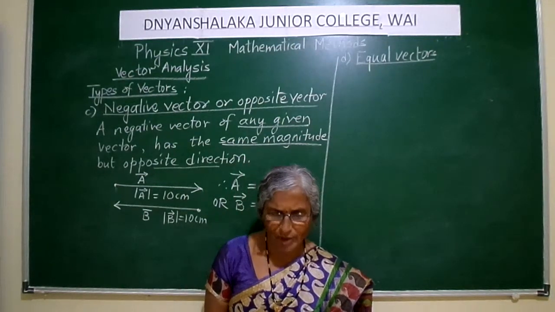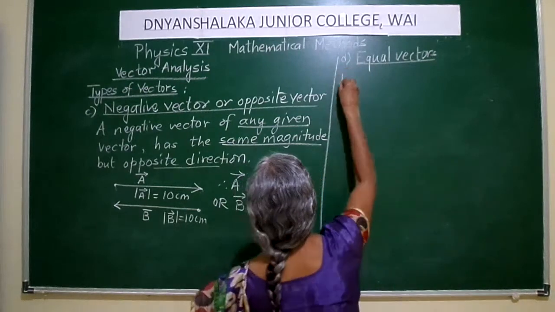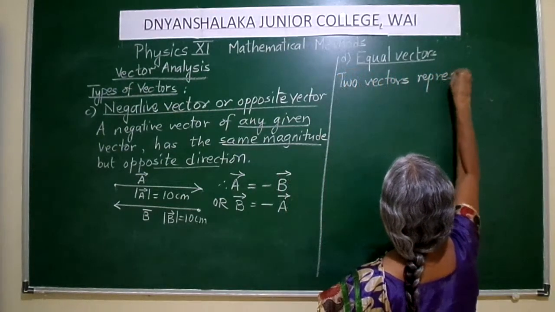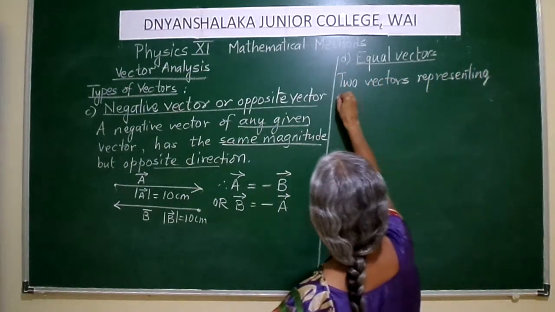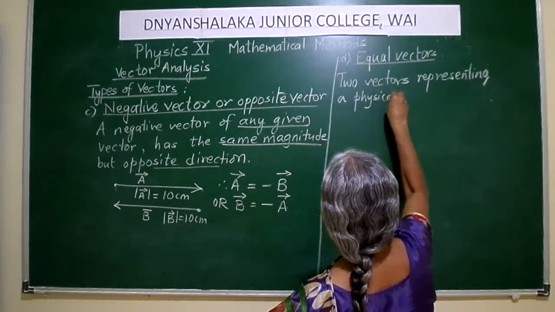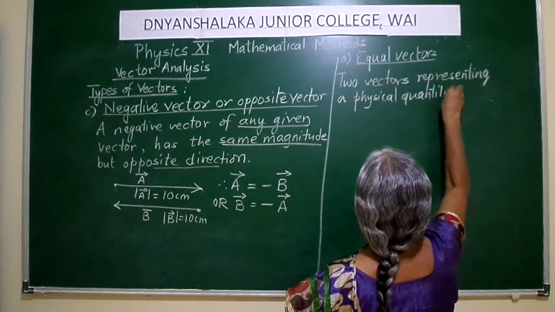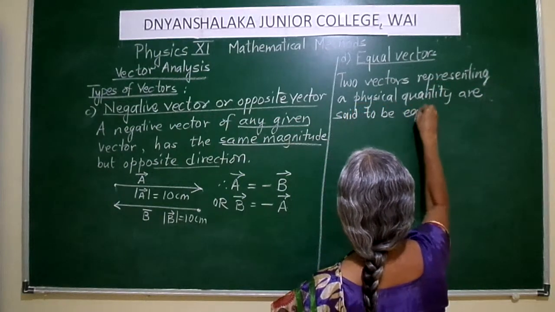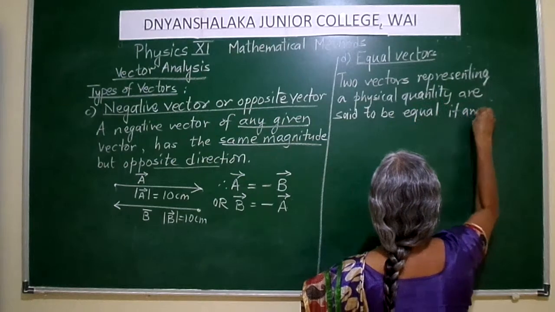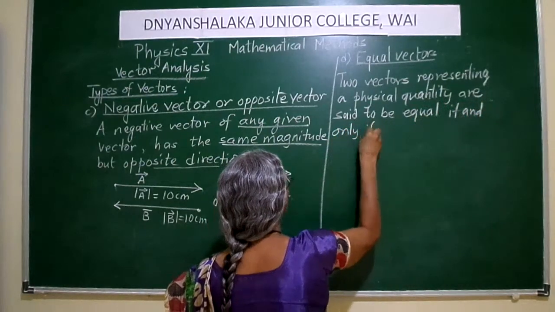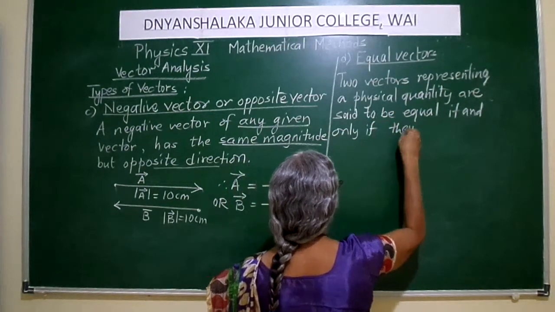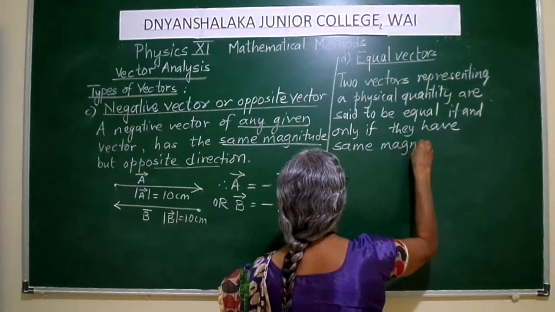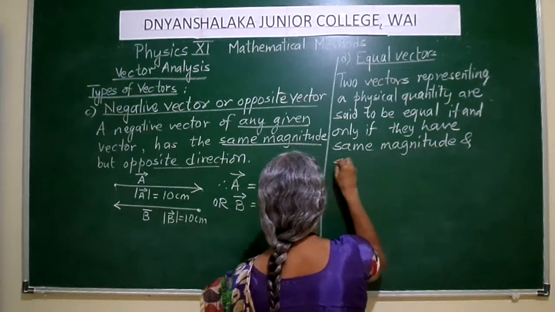So when can I say two vectors are equal? I can say two vectors representing a physical quantity are said to be equal if and only if they have the same magnitude and the same direction.